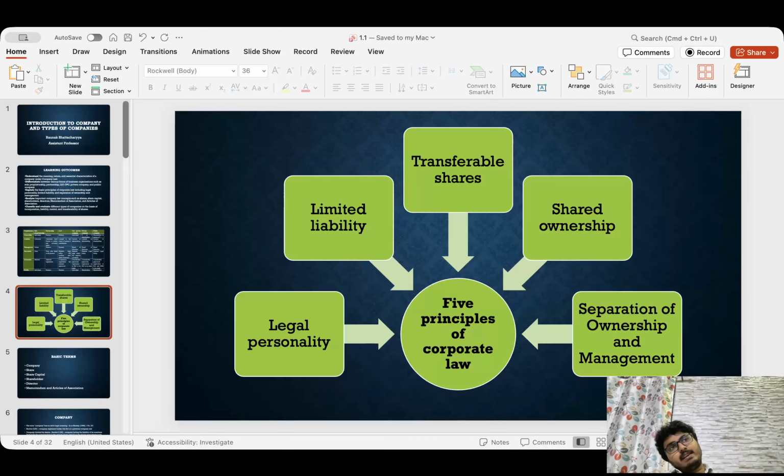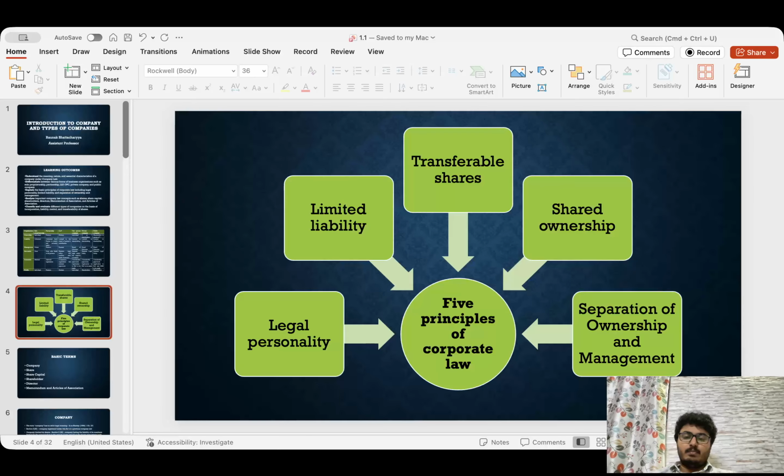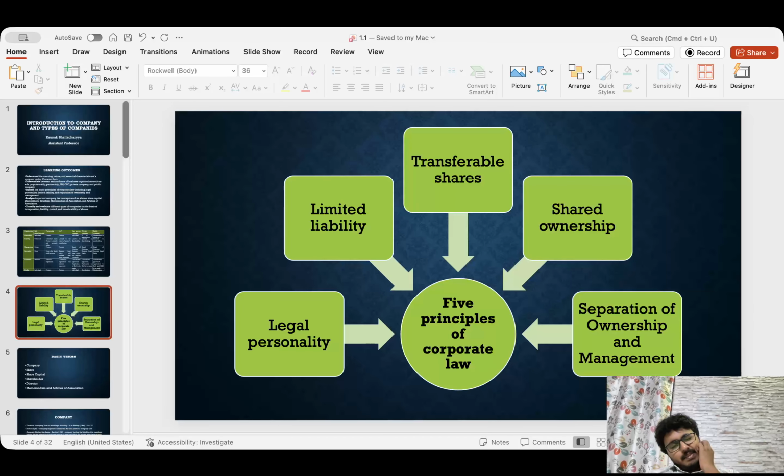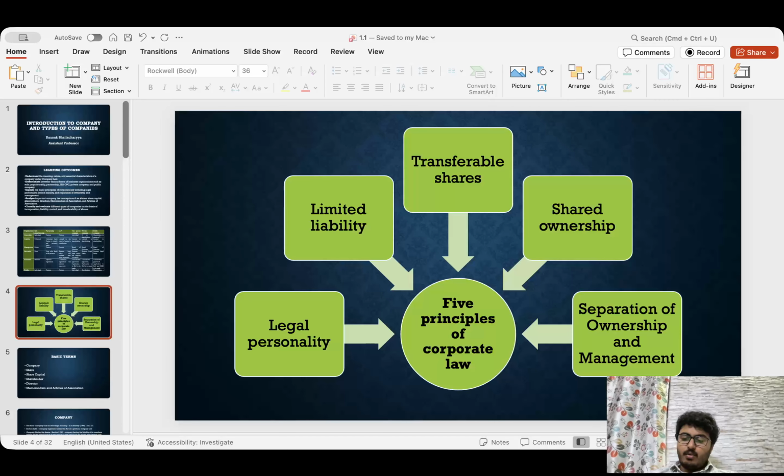So it is a very encouraging principle of a company. The third is transferable shares. So here the ownership can be transferred easily. The fourth one, separation of ownership and management.